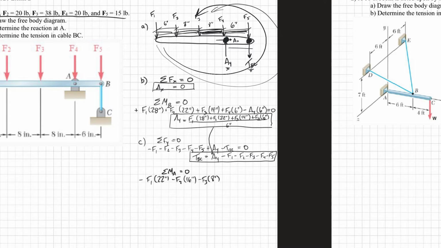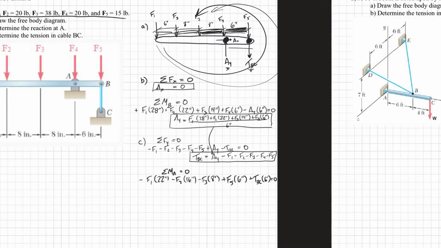And then AX, AY, and F4 don't matter. And then we've got F5 and TBC both causing it to spin the opposite direction, and they're 6 inches away that way. So we're going to go plus F5 times 6 inches, plus TBC times 6 inches equals 0, right?